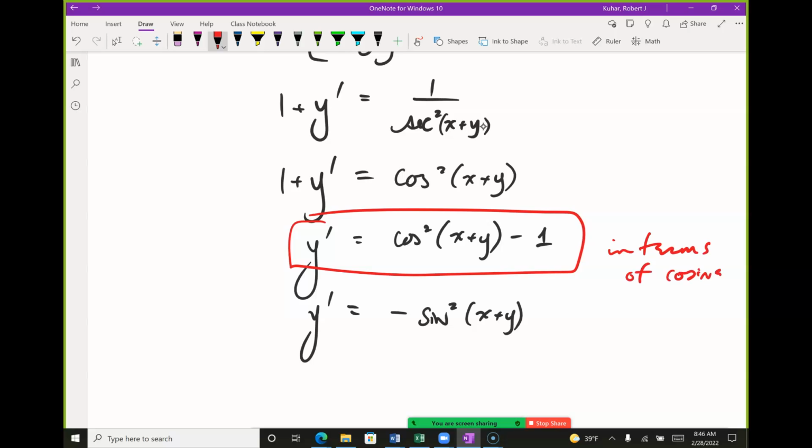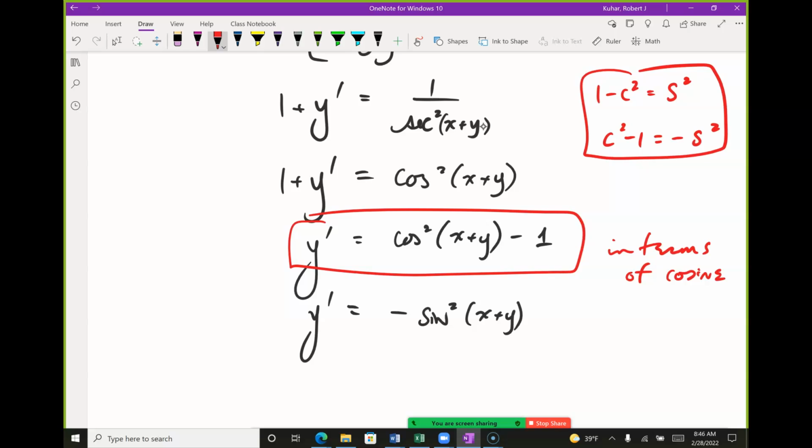Can you explain why it's negative sine squared, please? Yeah, 1 minus cos squared is sine squared, so cos squared minus 1 is negative sine squared. Just to see if I'm understanding: 1 over secant is cosine.